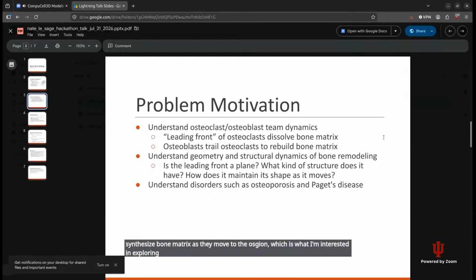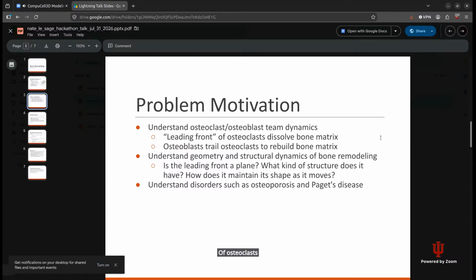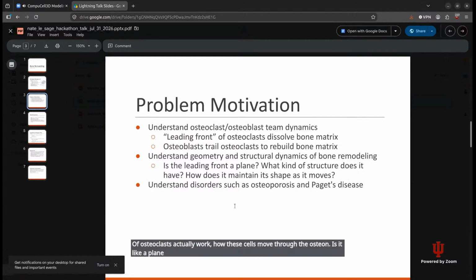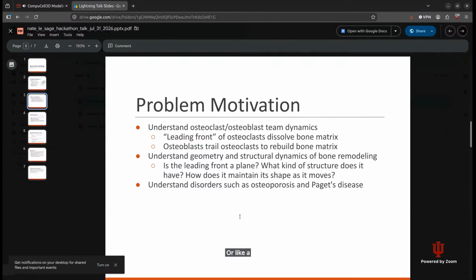I'd like to see how the leading front of osteoclasts actually works, how these cells move through the osteon. Is it like a plane, or like a disc? Is there a convex or a concave shape?